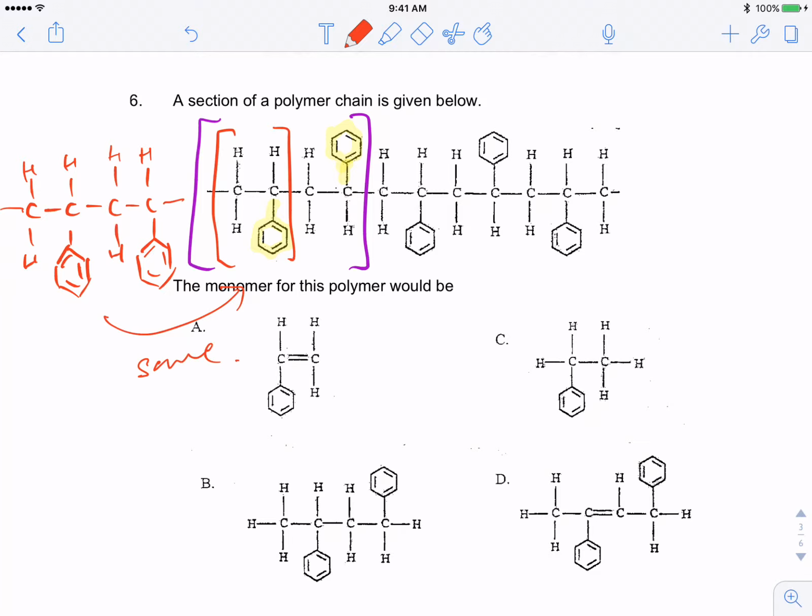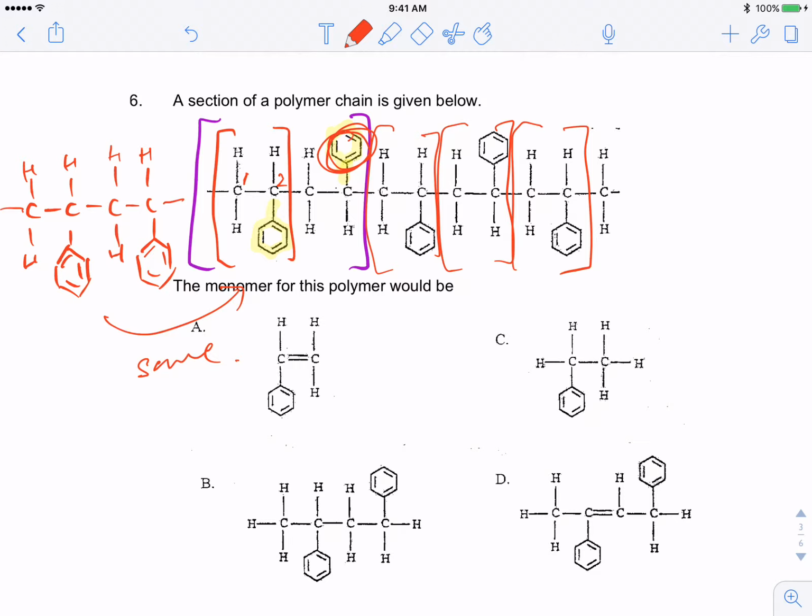Remember that C-C single bond can rotate. So here, this benzene ring, whether it's drawn on the top or on the bottom, makes no difference. So long as this first carbon is connected to two hydrogens, this second carbon is connected to a hydrogen and a benzene ring, then it is a repeating unit. So you see here that this can all be sectioned out into these repeating units.